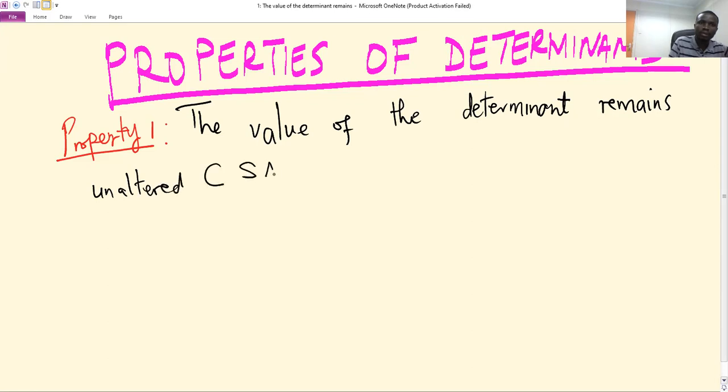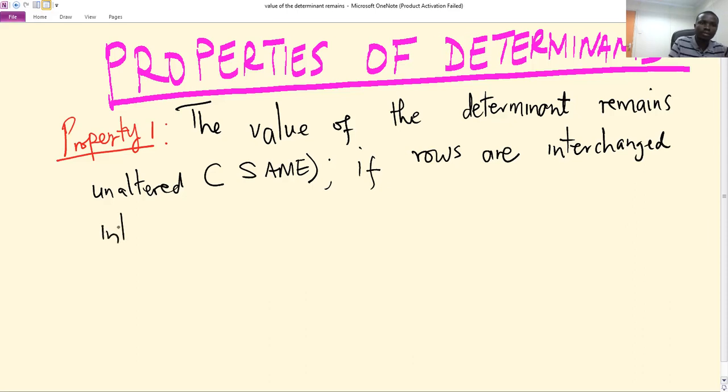That has to mean it remains the same if rows are interchanged into columns, or columns into rows.